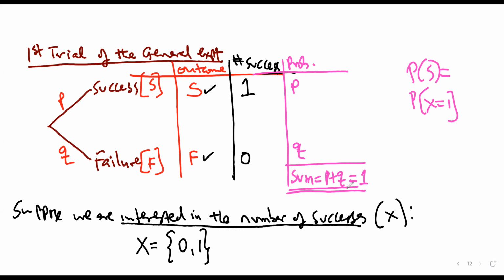So I want us to move on to a second trial. Suppose we have 2 trials in a binomial experiment, a general experiment. So the second trial of a general binomial experiment.